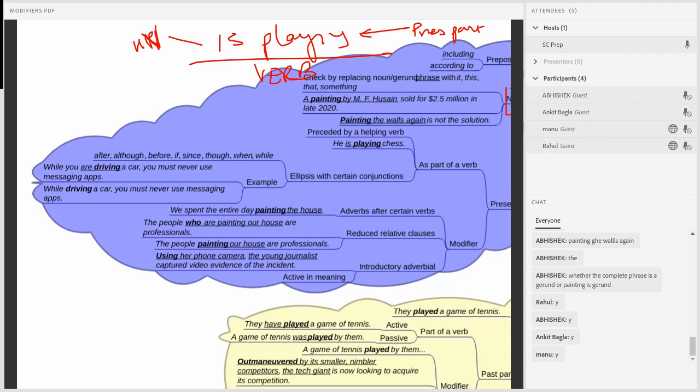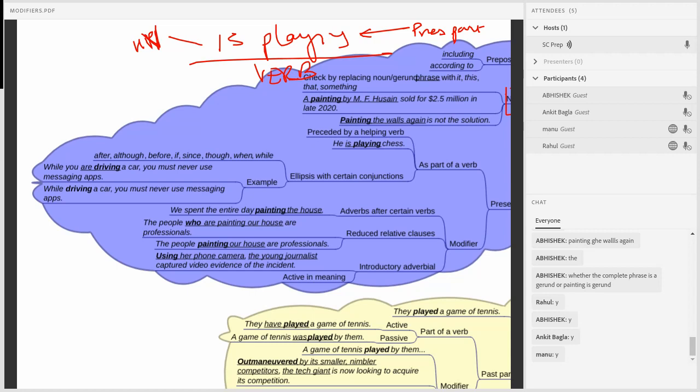I think the last time we discussed it was with although. So we said that if with although you're starting the sentence and you're describing the noun, then within the although clause you can understand away the subject and verb. That's exactly what we're going to take a look at.